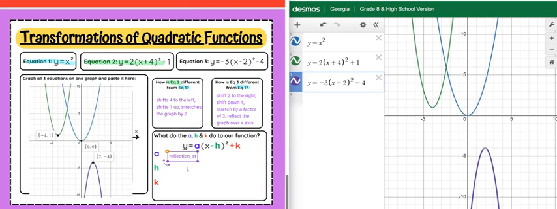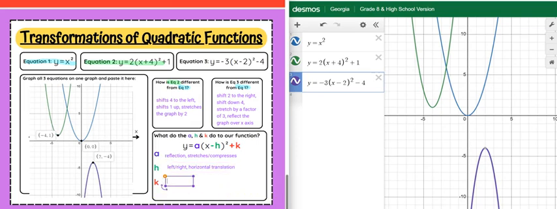It also stretches or compresses our graph, so that number can stretch or compress. If it's just a 1, it doesn't do anything. The H inside moves our graph left and right, which is called horizontal translation.